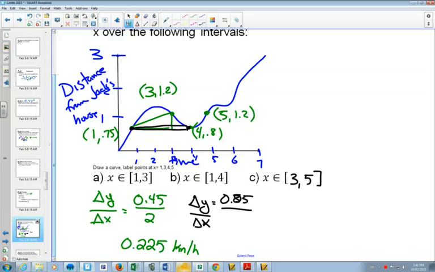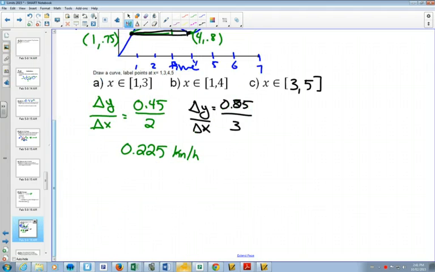And our change in x is 3. And that'll be something like 0.0167 or something crazy like that, kilometers per hour. Things are not looking good at all.